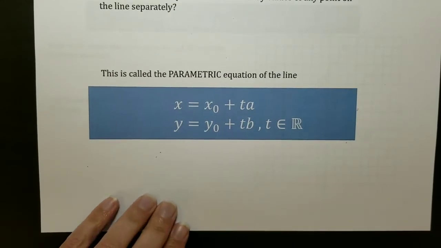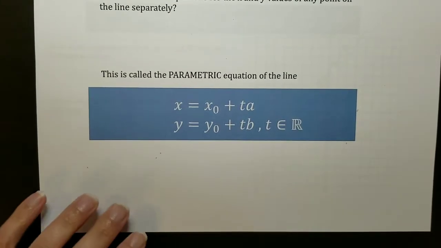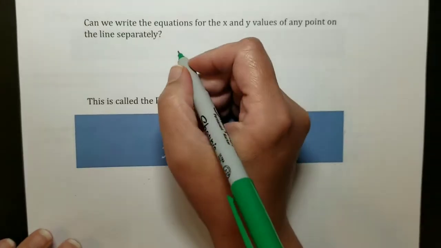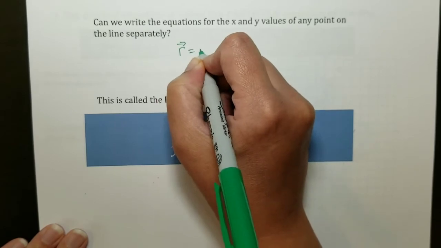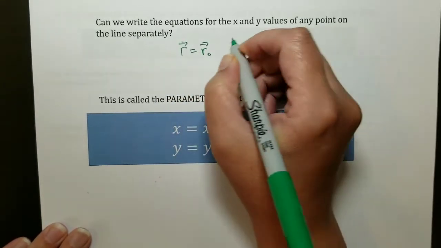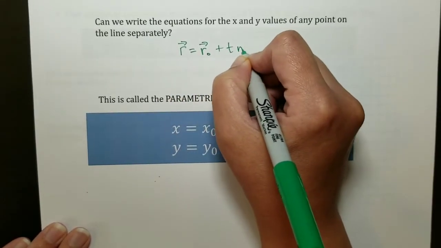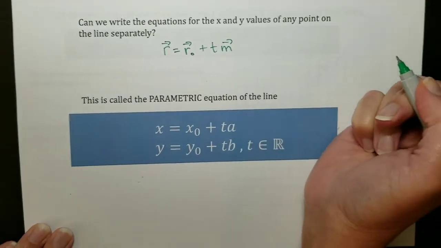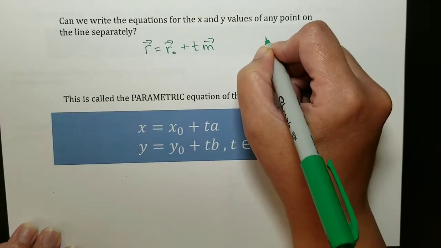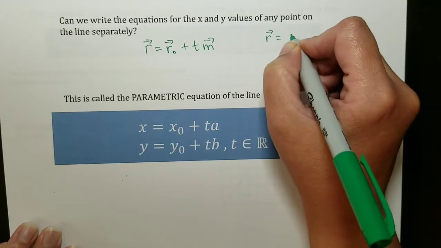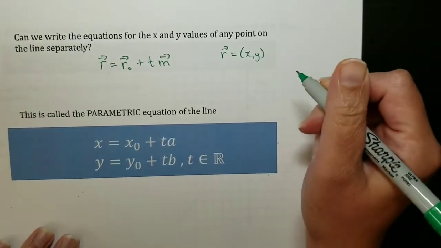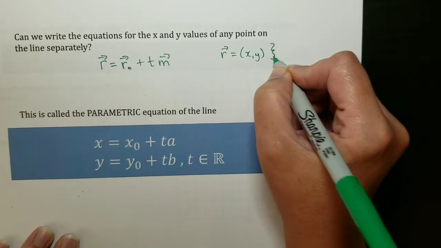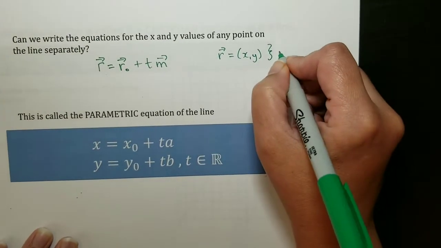So if we have this vector equation, I'm just going to rewrite that out. The vector equation is r equals r naught plus t times m. And we know that vector r is x, y, and that's any point on the line. So that's finding a point on the line.